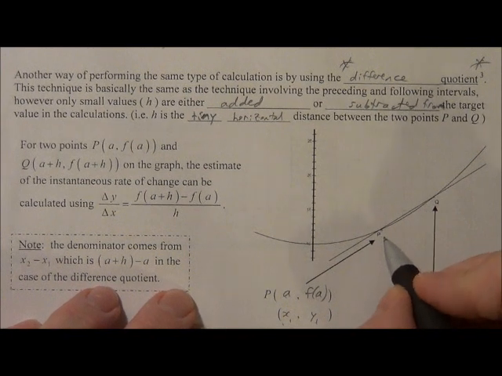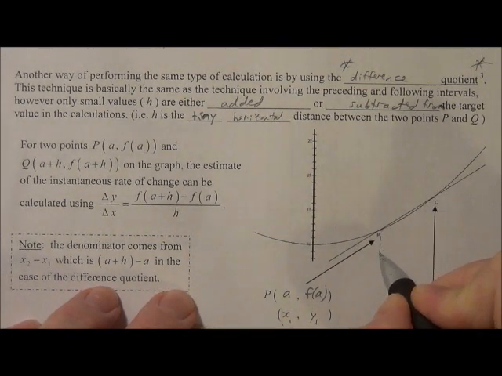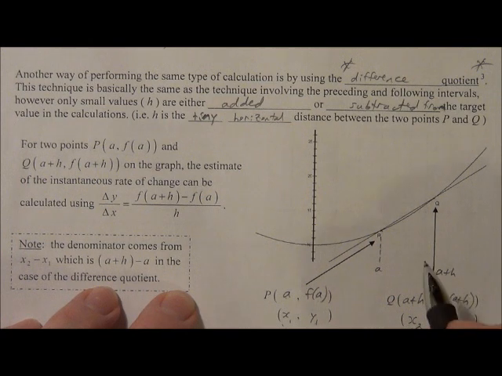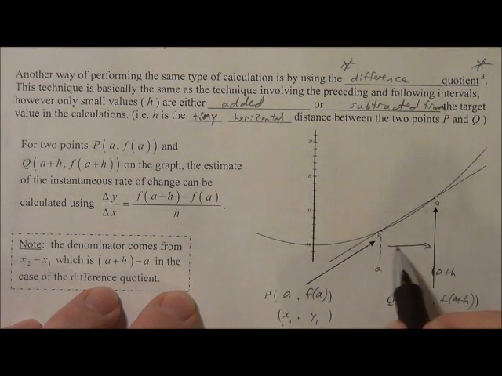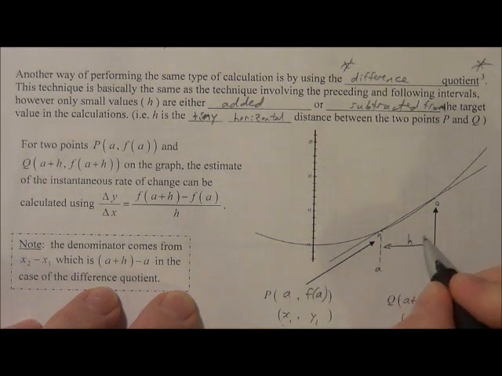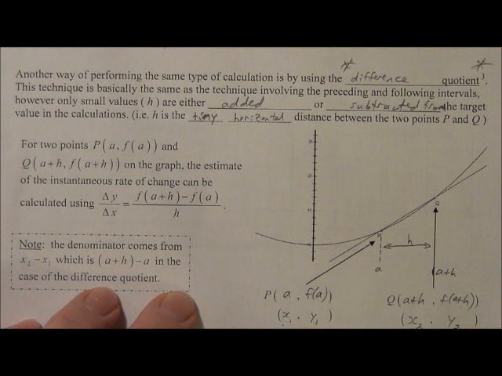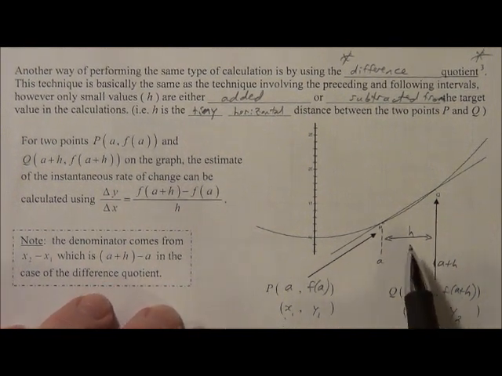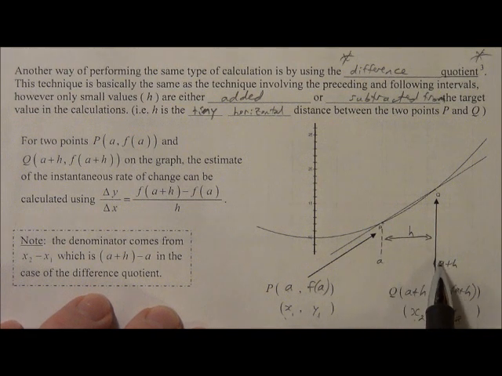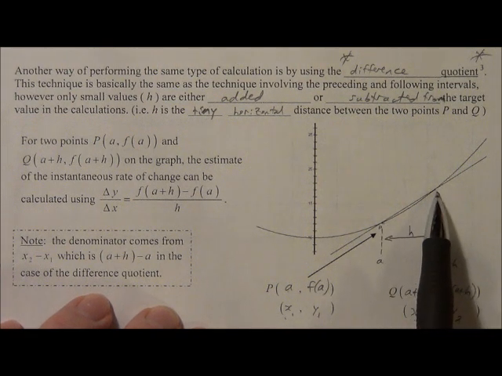Okay, so here is some value a, the x value, and here is some x value a plus h, which means that between the two is the horizontal distance, that tiny little distance between the two x values. That is some distance h. Okay, so that's what h is. It's just the horizontal distance between the two x values of these 2 points.